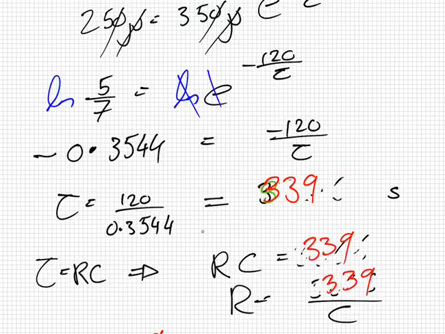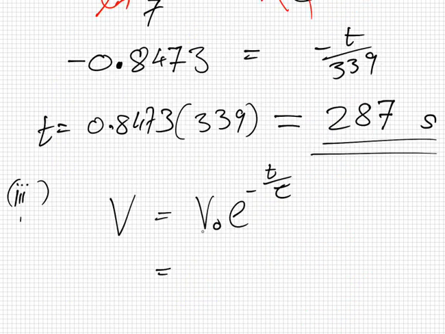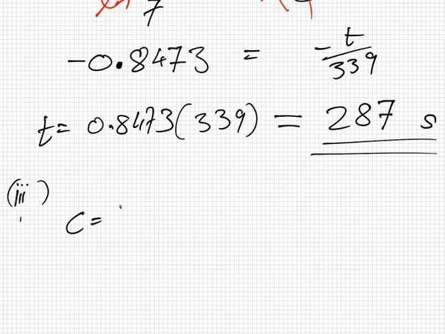They wanted the resistance. So now we can use your formula, that time constant equals RC. That means R times C equals 356.6, so R equals 356.6 over C.